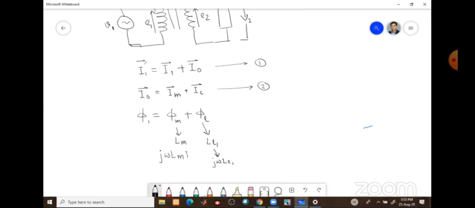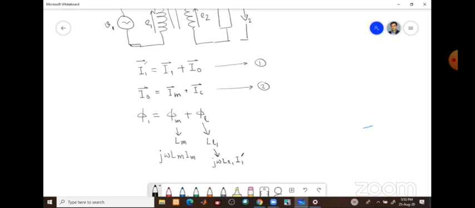Here we'll multiply Im and here we'll multiply I1, as this voltage drop depends on the magnetizing current, and this voltage drop depends on the total primary current I1 prime.